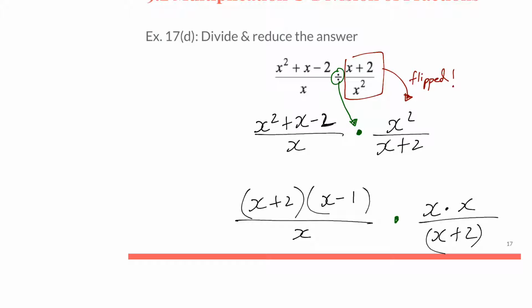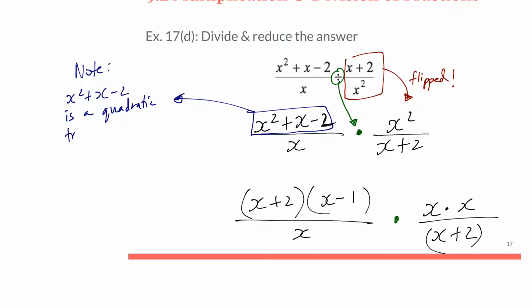But if you're not sure about this part here, let me just blow this up a little bit more. Note x squared plus x minus 2 is a quadratic, where a refers to the first number, the number with the x squared term.